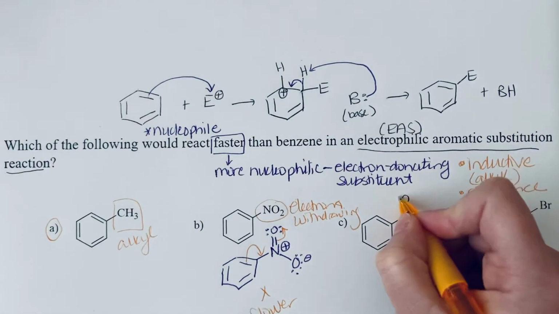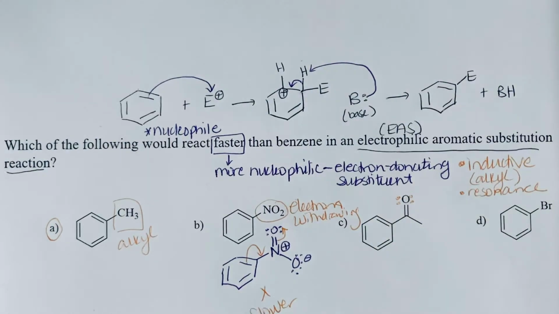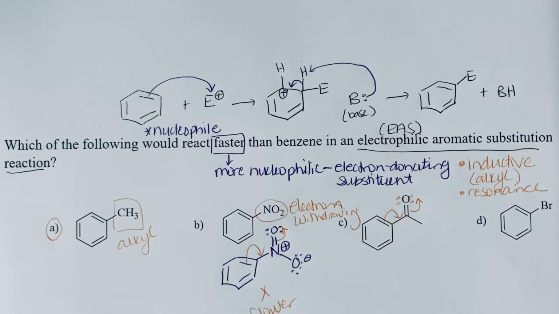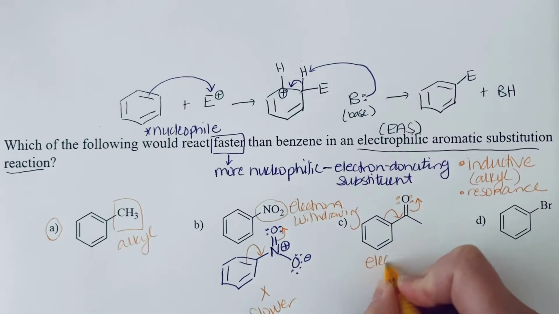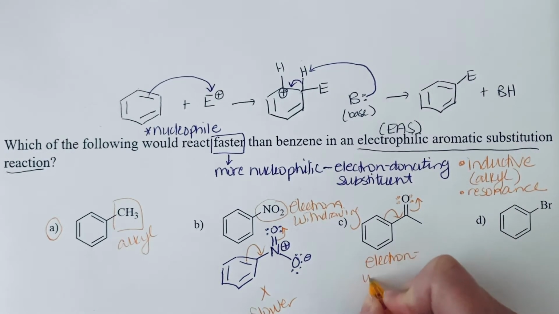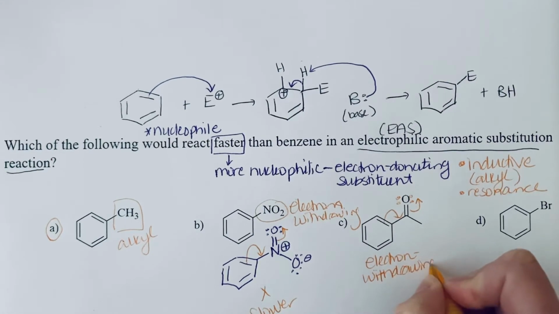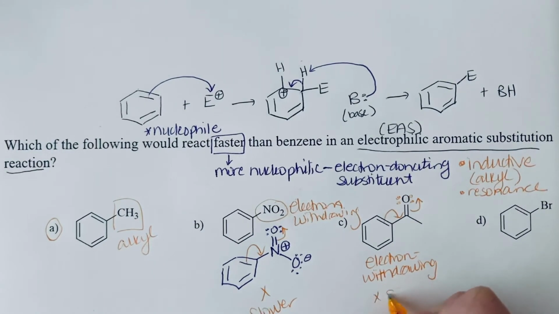And we have the same sort of thing for C because we can pull electrons out by resonance into that carbonyl. So this is also electron withdrawing, so this will also react slower. So these are both electron withdrawing by resonance.